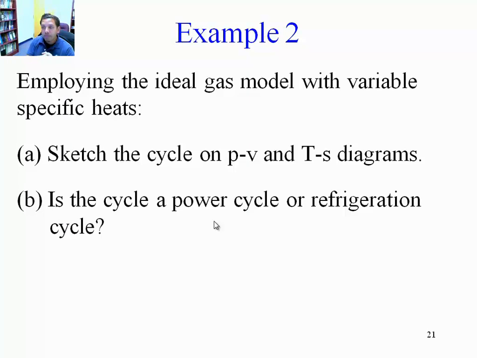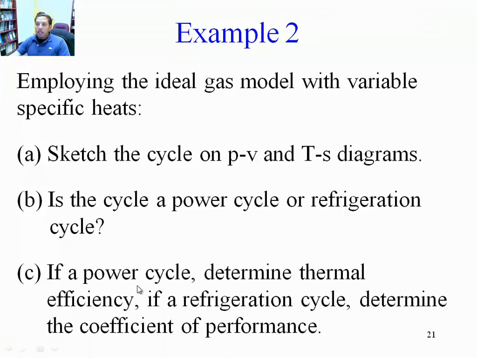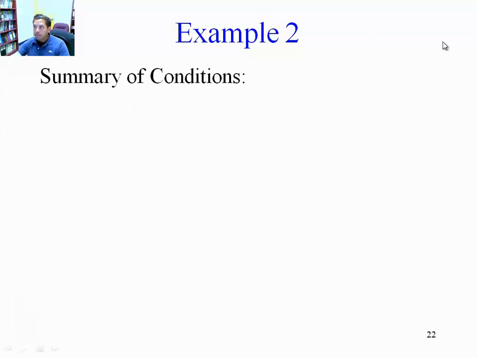It also means that it is clockwise in a PV diagram and in a TS diagram, and in a refrigeration cycle it's counterclockwise in a TS diagram and in a PV diagram. If this is a power cycle, let's determine the thermal efficiency, and if this is a refrigeration cycle, let's determine the coefficient of performance. In either case, there are things to calculate.